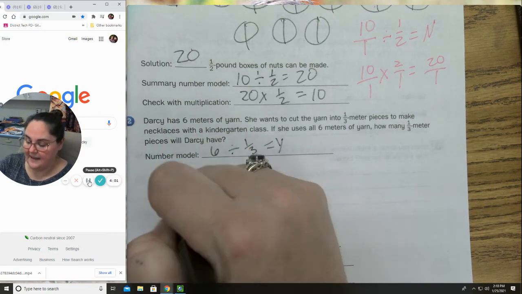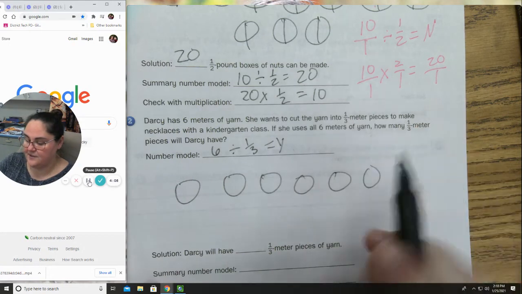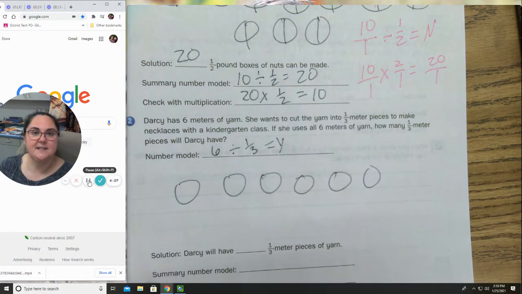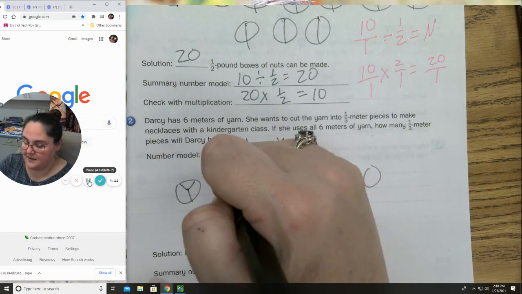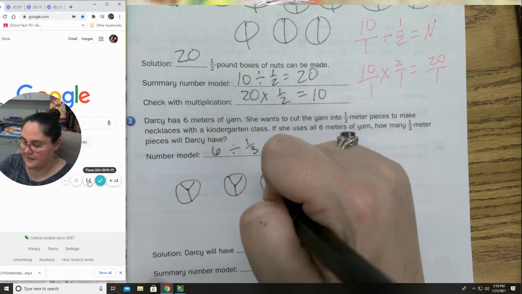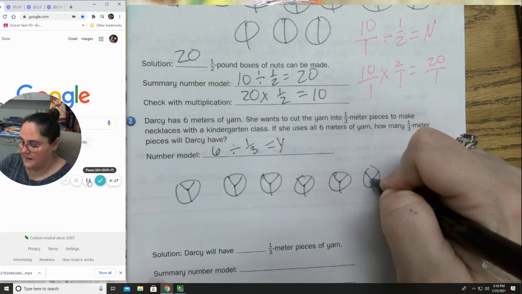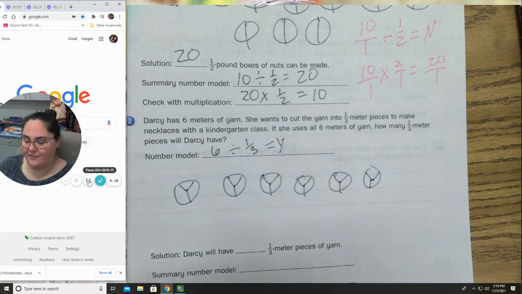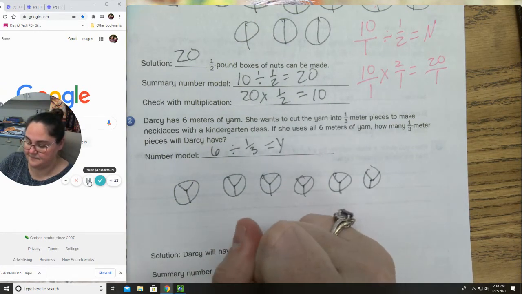All right. Each of these represents a meter of yarn. So 1, 2, 3, 4, 5, 6. And I'm cutting each of them into 1/3 of a meter. How many 1/3 pieces do I have? Well, 3, 6, 9, 12, 15, 18.